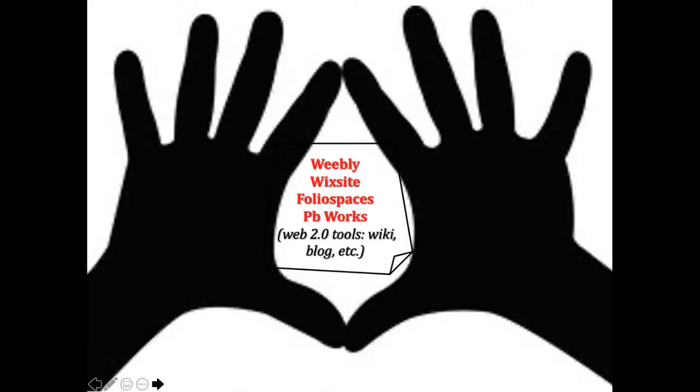And PB Works is one of those what we used to call Web 2.0 tools at that time, where you can co-create content. All right, you're not just a viewer, a passive user or viewer of the web. You are an active user of the web.